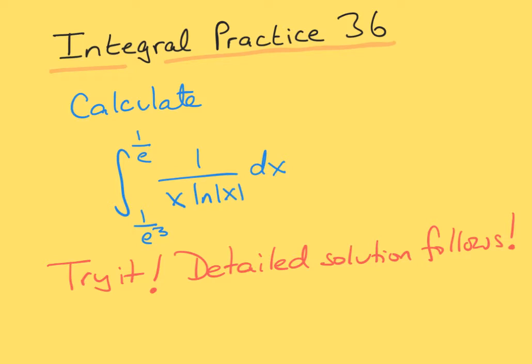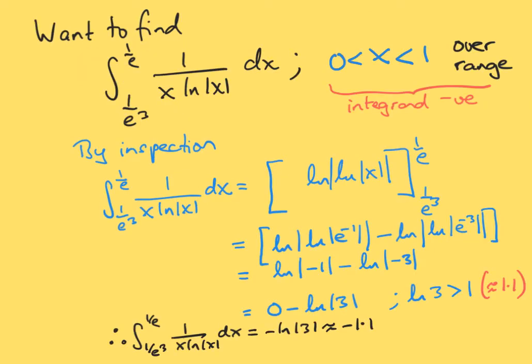Okay, welcome back. Let's look at the solution. So here is our integral, and the first thing I want to notice is that the range of integration for this definite integral is such that x is going to be less than 1.